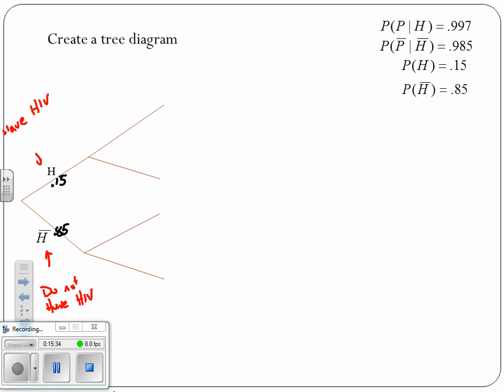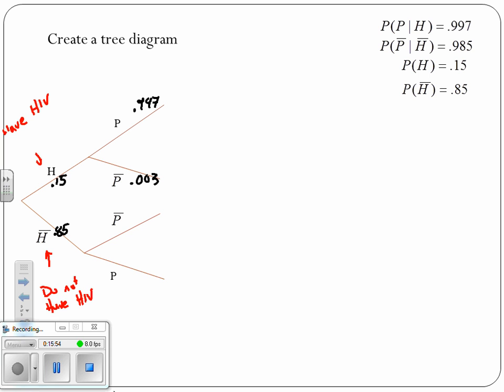Now, whether or not they have it, the next split is whether or not they test positive. For those that have it and test positive, it'd be 0.997, which means there's a small group of people out there that have HIV and test negative. This would be a false negative, and that's 0.003.